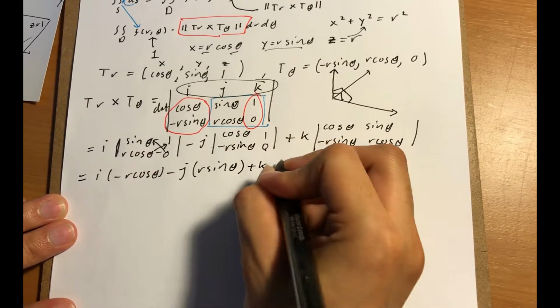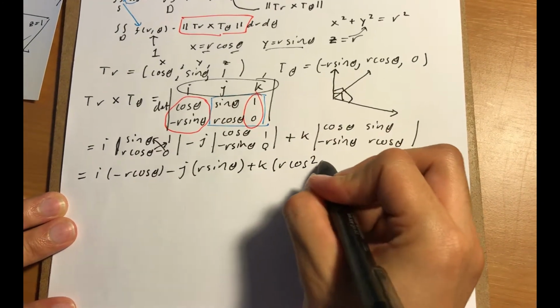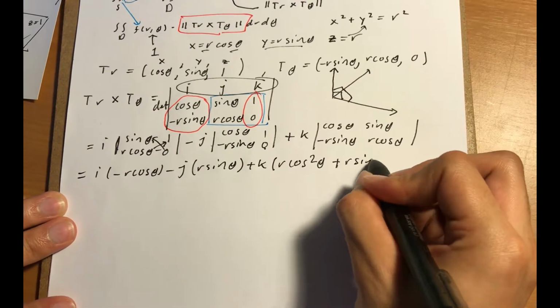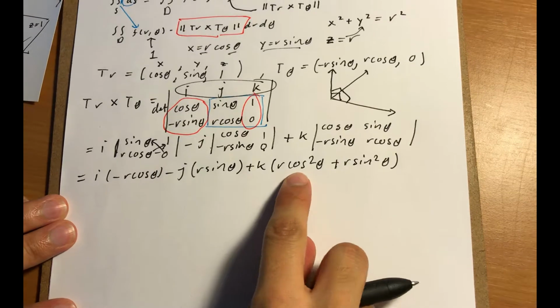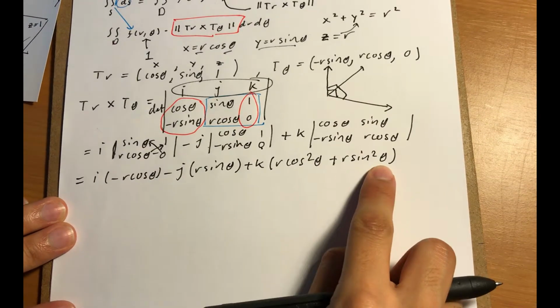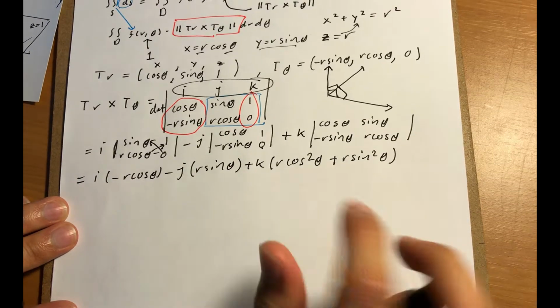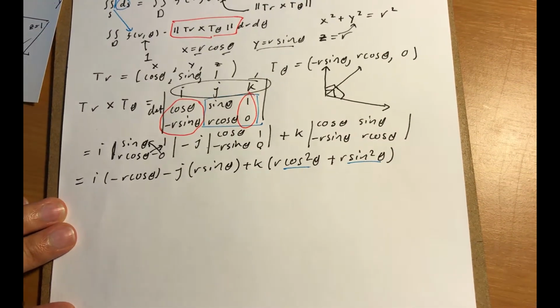And then plus the last vector, the determinant of this. So this is r cosine squared theta plus r sine squared theta. If you know your trigonometry, cosine squared theta plus sine squared theta equals 1. So if we factor out an r, these two added together is just 1.